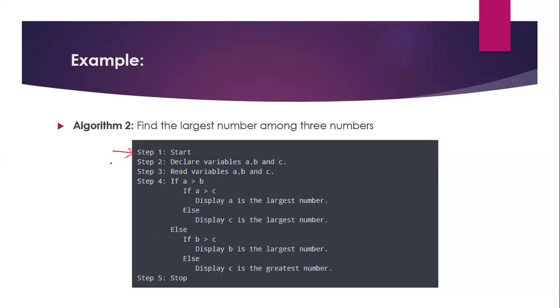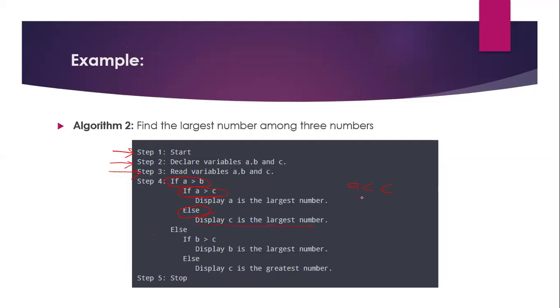We have to start, and after that we have to declare variables, and after that we have to read the variables, and in here this is the comparing mechanism. If A is greater than B, there was a possibility of A greater than C as well. But if A is greater than C, the other possibility is what? A less than C. Normally there are two possibilities, if A greater than C or else. Else display C is the largest number.